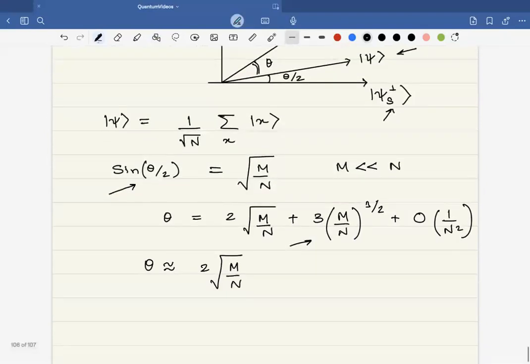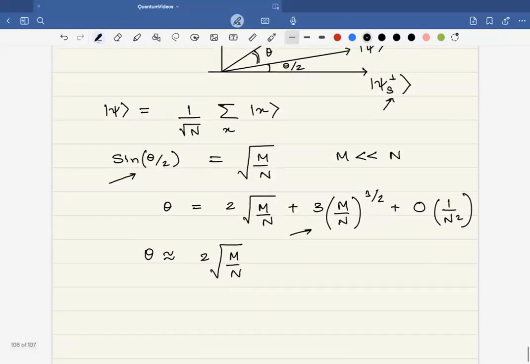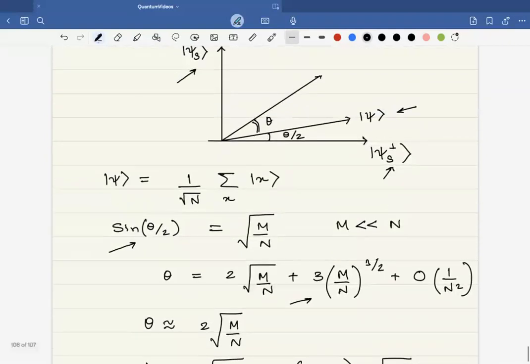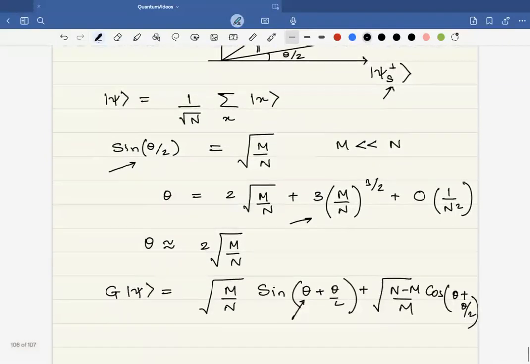And what does applying G look like? So G acting on psi is equal to square root of m over n sine of theta plus theta over 2 plus square root of n minus m over n cos of theta plus theta over 2. So one rotation will move by angle theta towards psi s, the solution space.